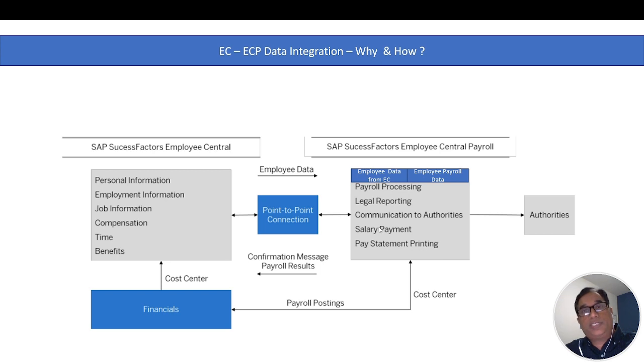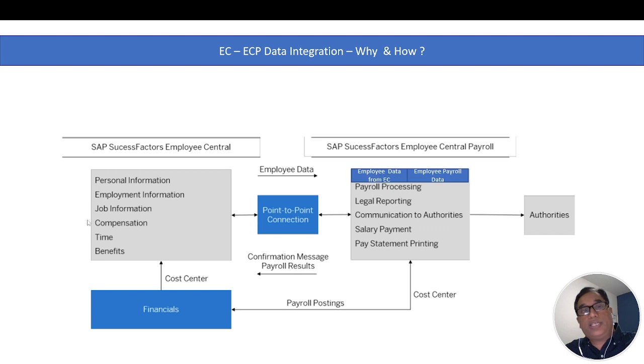into the payroll system. And once we have all the employee data in the payroll system, the payroll admin goes and runs the payroll. Now here you can see very important information: the employee payroll data. Employee payroll data and the employee data are separate. Why do I say that?